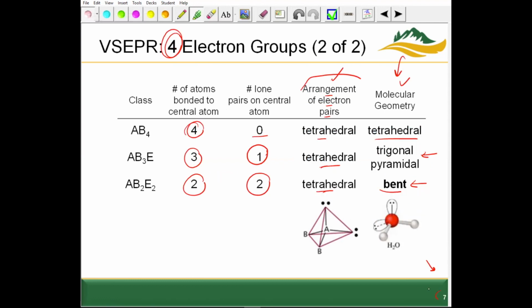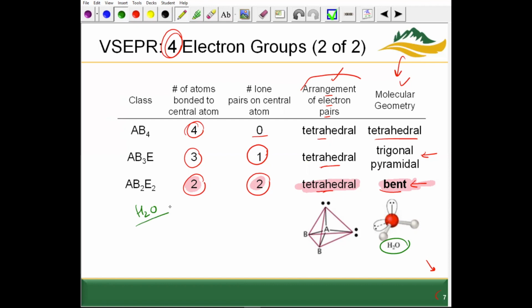So now we're back to slide 7, and we looked at now if there are 2 bonds and 2 lone pairs, we still call that tetrahedral arrangement of electron pairs. But the molecular geometry name or the shape when there are 2 bonds and 2 lone pairs, this is what we call bent.